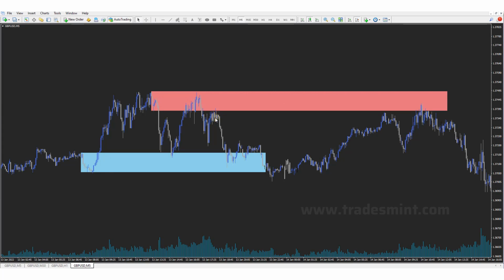Decreasing volume when price is sitting or hanging below the zone makes you feel safe, as there is a high chance that the zone will hold the price and we can really expect the rejection.